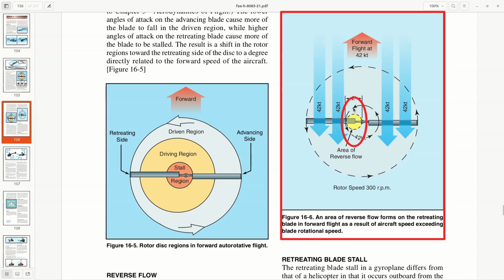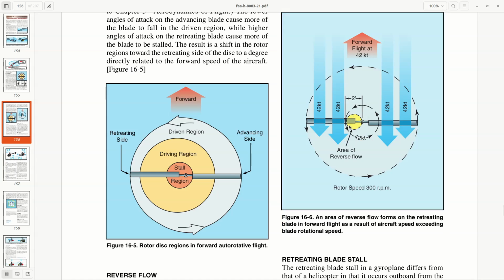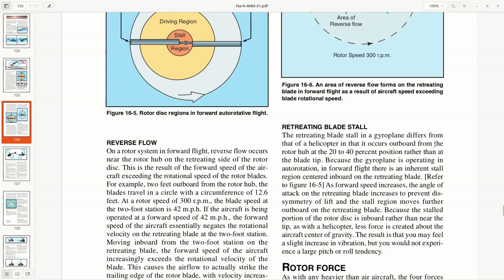So in other words, now the air in this yellow section is flowing at a speed where it actually goes backwards. Instead of starting at the leading edge, it actually flows from the trailing edge forward. Now, if I go too fast in my gyroplane, I can get this thing called retreating blade stall.